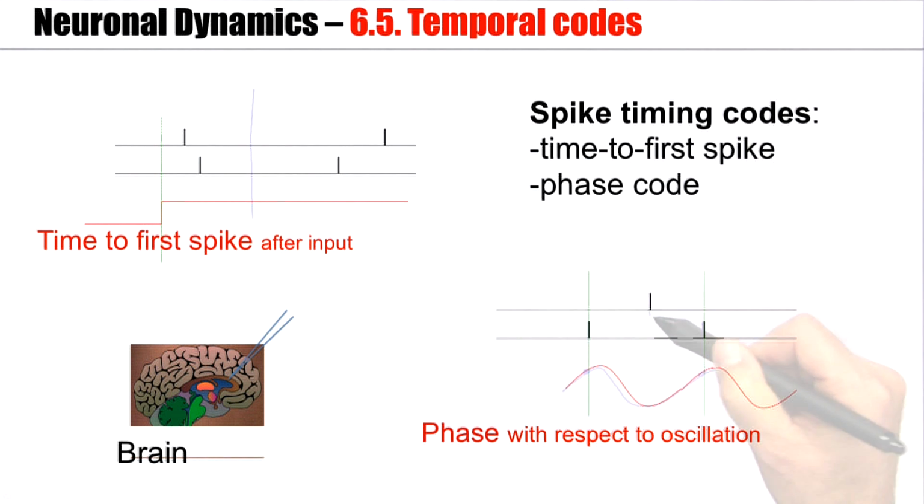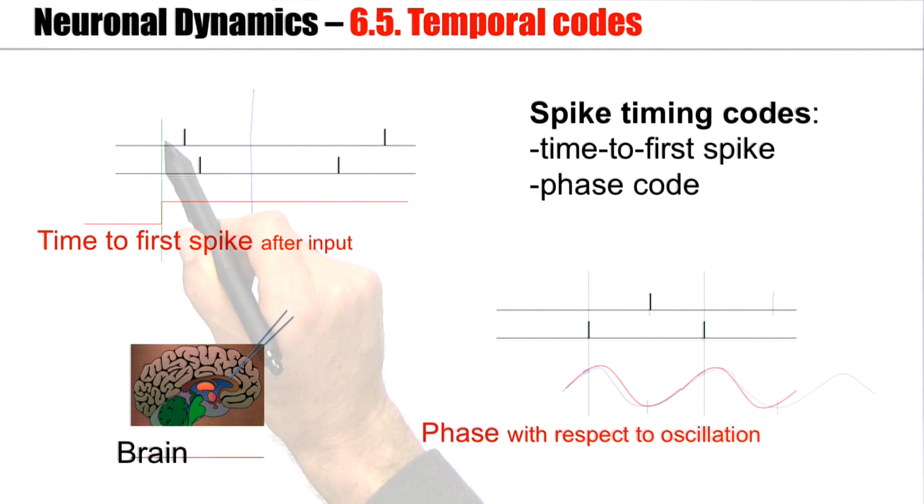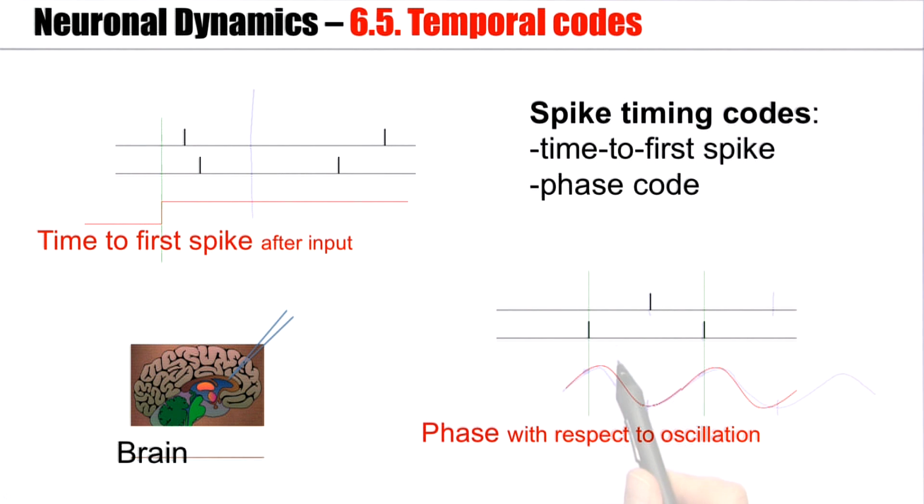Another neuron may fire here and again here, close to the minimum. So instead of timing with respect to the onset, we have here timing with respect to the ongoing oscillation. This is called a phase code, the phase of the spike with respect to the underlying oscillation.